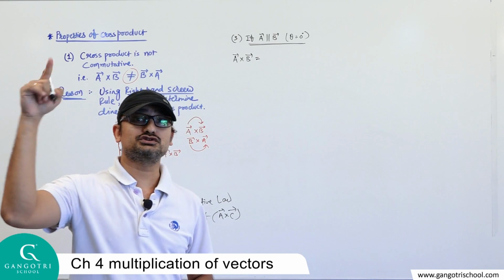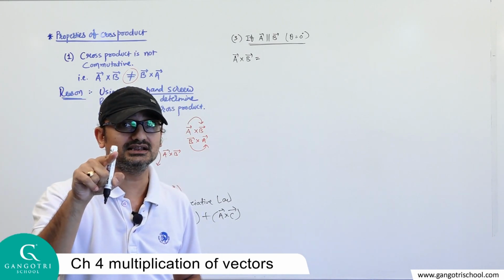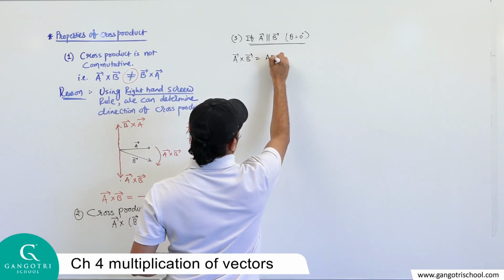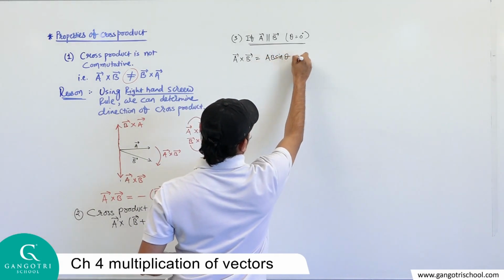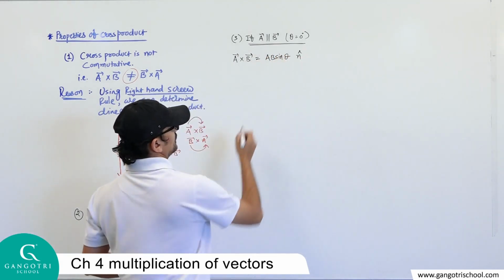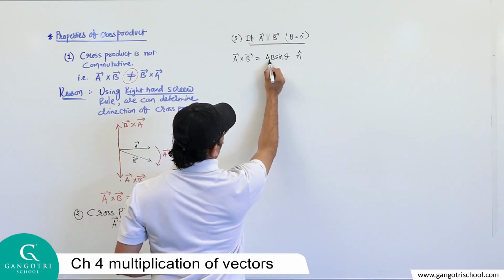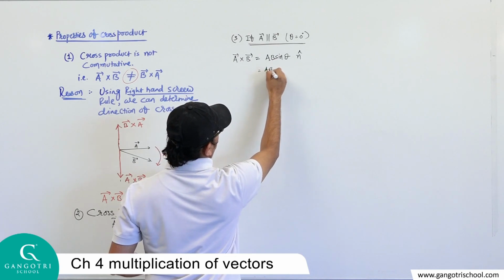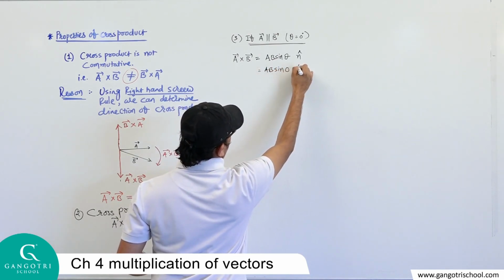If you remember the equation of dot product, A dot B is AB cos theta, whereas A cross B is equal to AB sin theta n caret, where theta is the angle between A and B, which we consider 0 degrees, equal to AB sin 0 n caret.